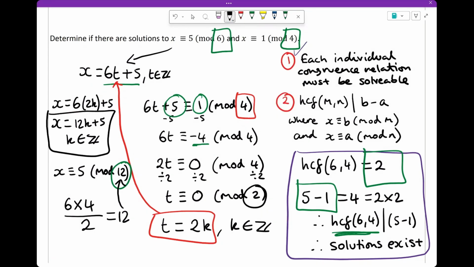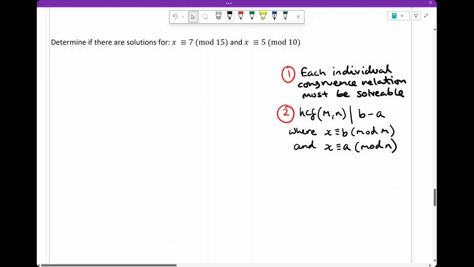And another way of thinking about this 12 and this calculation in general is that the 12 is the lowest common multiple of our initial mods, which were 6 and 4. So if you multiply two values together and then divide them by their highest common factor, you are essentially finding the lowest common multiple. So if solutions exist, the final mod will be the lowest common multiple of the initial mods.